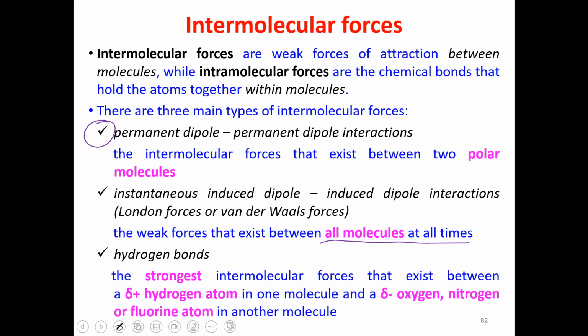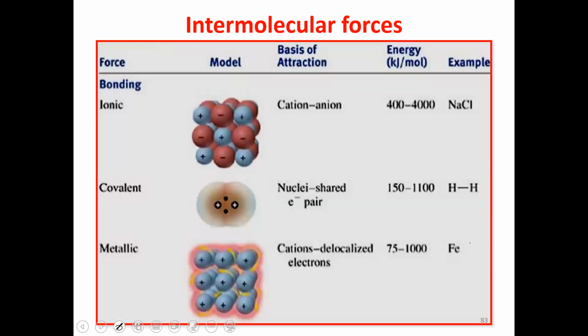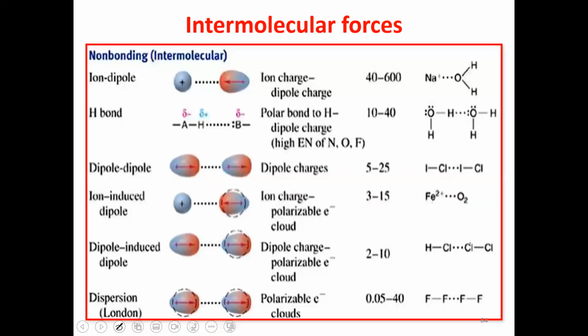What is a hydrogen bond? This is the strongest intermolecular force, in which there is a hydrogen atom capable of interacting with another electronegative element. Bond energies are there for reference, for ionic, covalent, and metallic bonds.